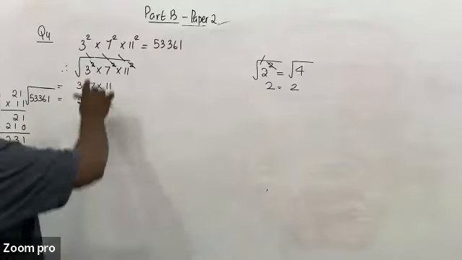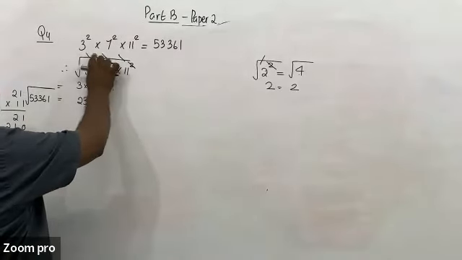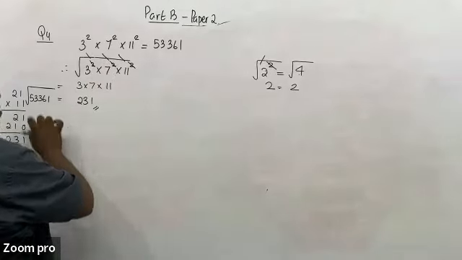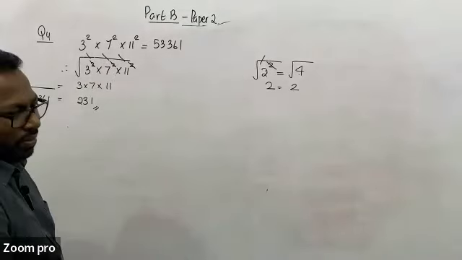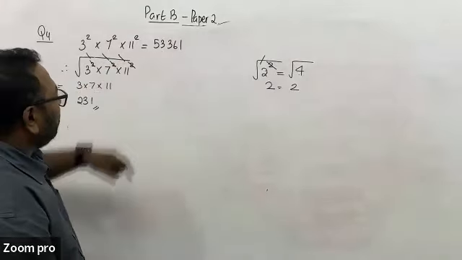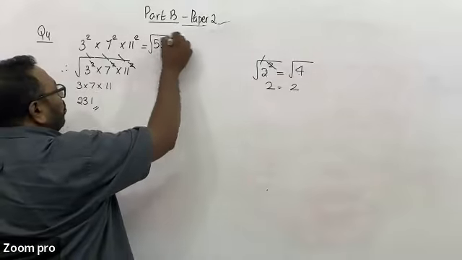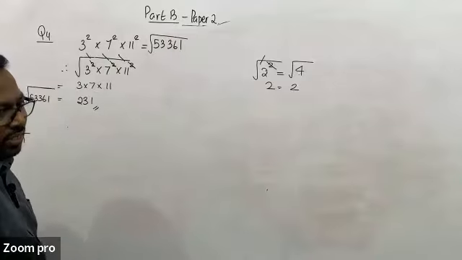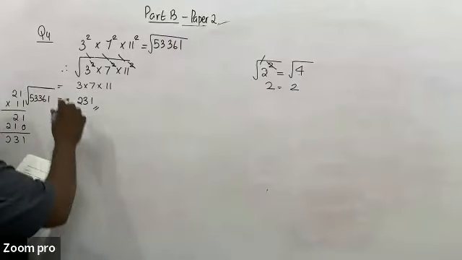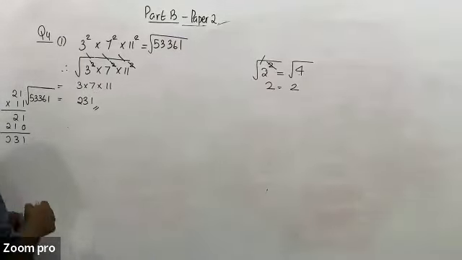Okay. On this basis, you can just multiply and it will give you the square root of that number. So that's what they're saying. Using this, they ask you to find the square root of 53,361. That is part 1 of the question.